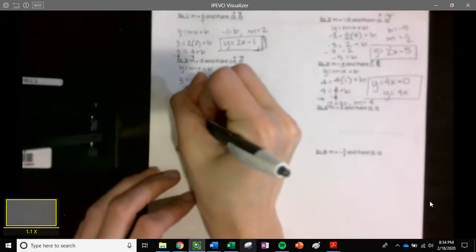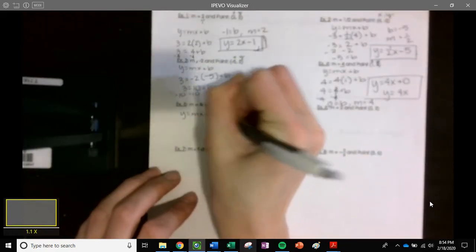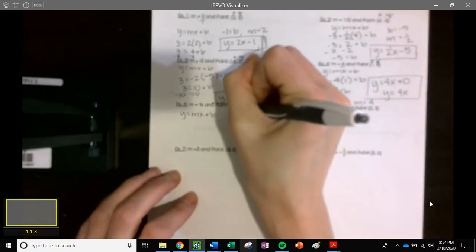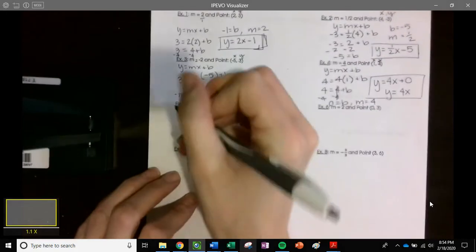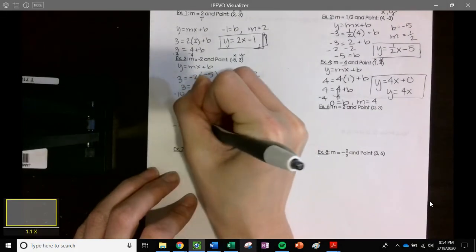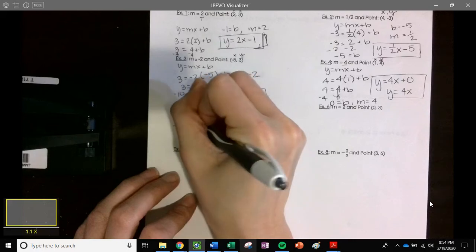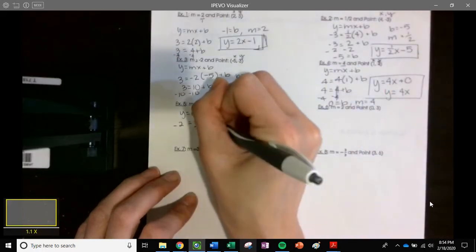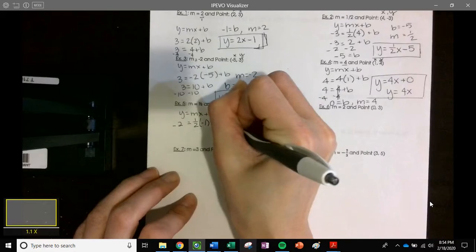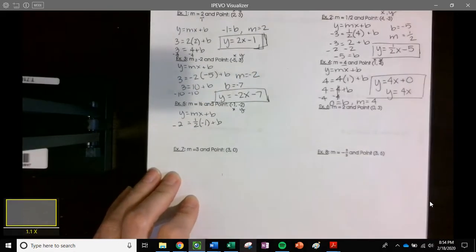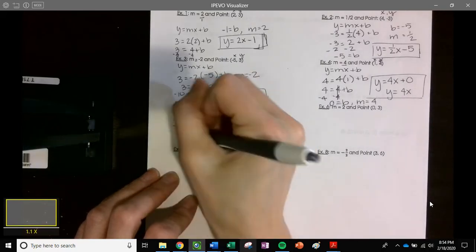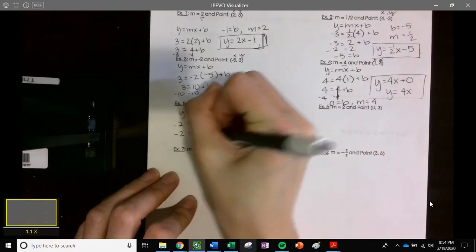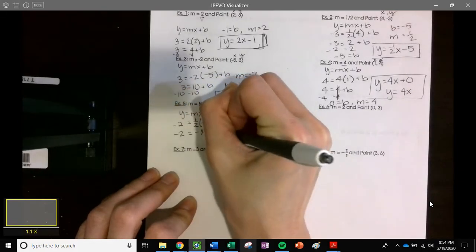Here we go. Y equals mx plus b. M is 1/2. My -1 is my x. My -2 is my y. So I will fill this in. -2 is y. M is 1/2. X is -1 plus b. And I'm going to go ahead and solve for b. So 1/2 times -1 is -1/2. I've got -2 equals -1/2 plus b.